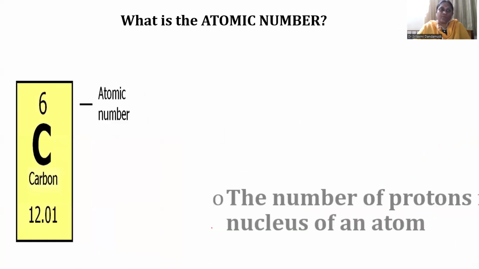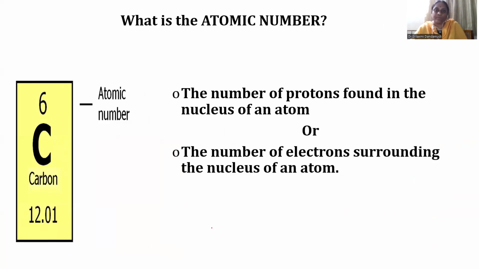Next, what is atomic number? Atomic number is the number of protons present in the nucleus, or the number of electrons surrounding the nucleus.